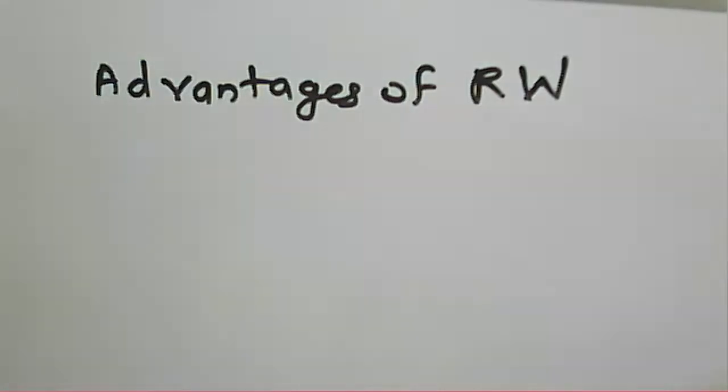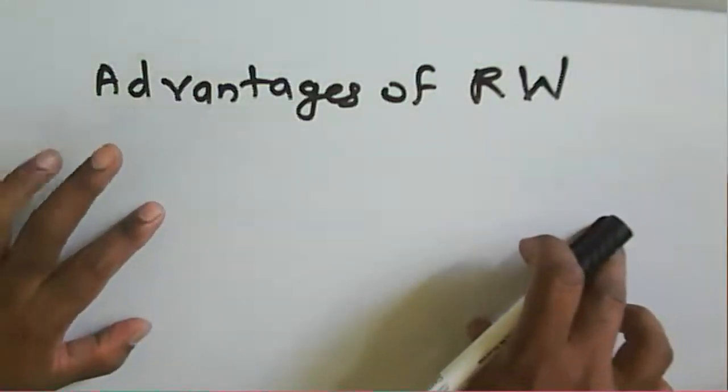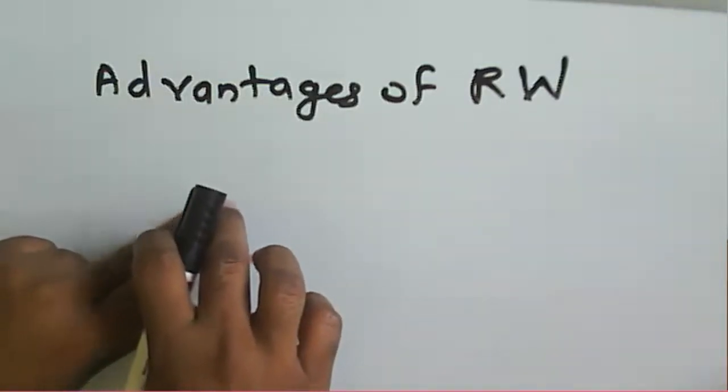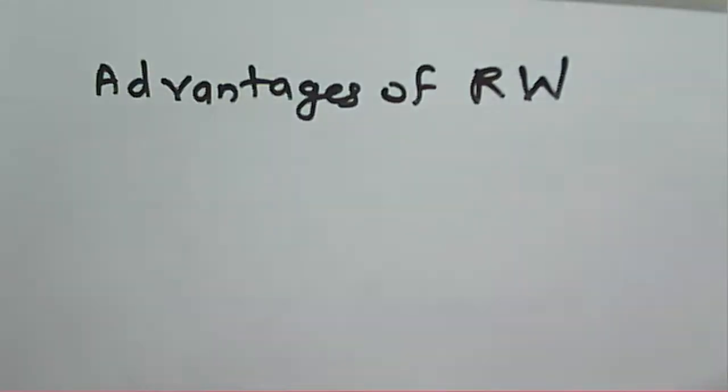Why are power losses low? Because its internal walls are conducting, and the length of the waveguide is large, so it has a large surface area, and because of that large surface area, it reduces the copper losses, that is the I square R losses.